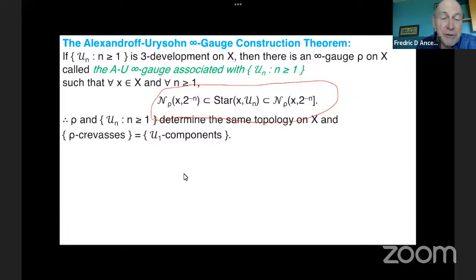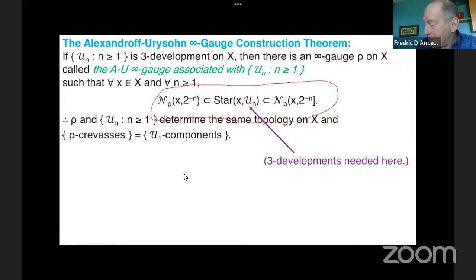If you can chain 2 points using U1, they're a finite distance apart with respect to the gauge, and that's if and only if. Proving this relationship between the neighborhoods with respect to the gauge and the stars is where you need 3 developments. This is something I became aware of as a grad student.